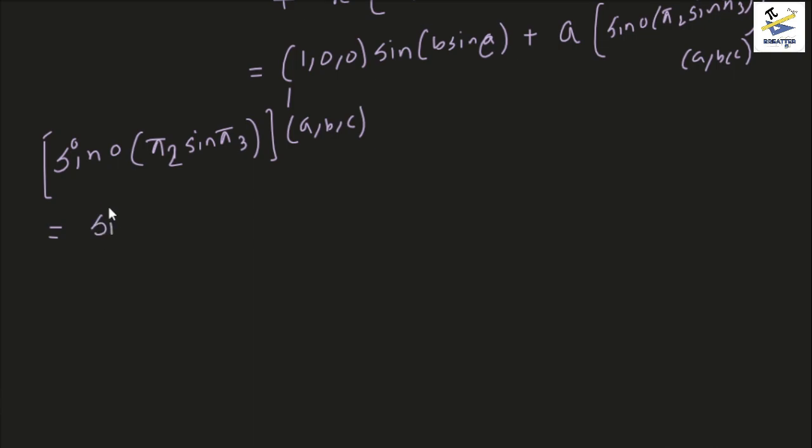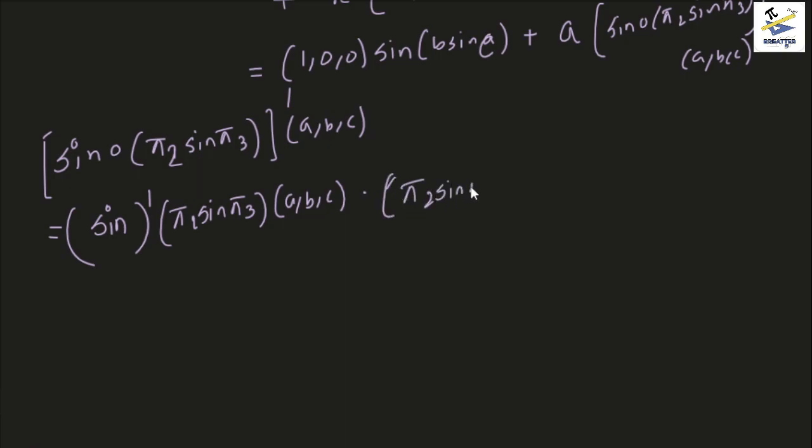Obviously, using the chain rule, this should be the derivative of sine evaluated at pi 2 sine pi 3 at the point ABC, multiplied by the derivative of pi 2 sine pi 3 at the point ABC, right?